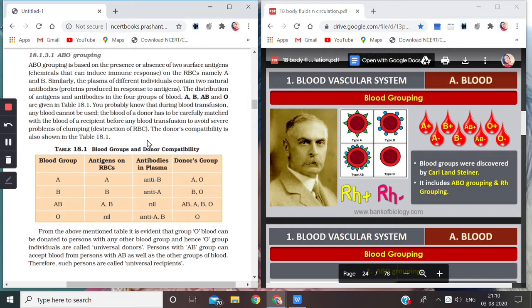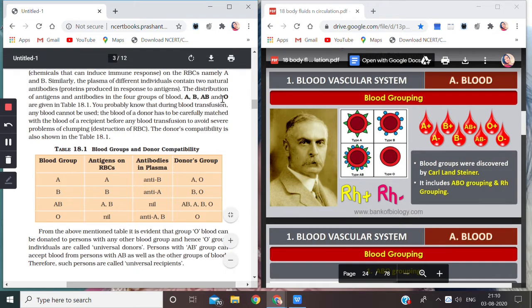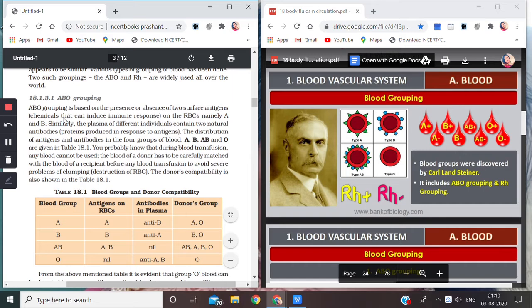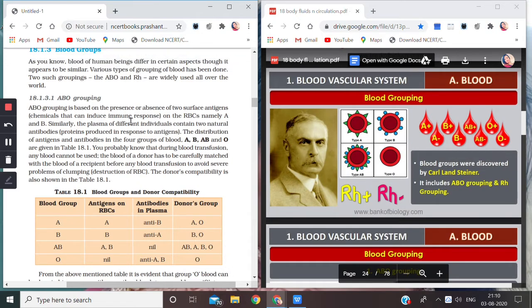Now children, as you see in your book, ABO grouping is based on the presence or absence of two surface antigens. First of all, what is an antigen? An antigen is a chemical, and due to the presence of this chemical, some kind of response will be shown by your immune system.